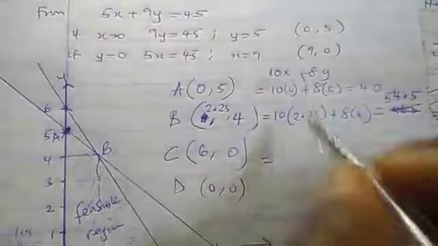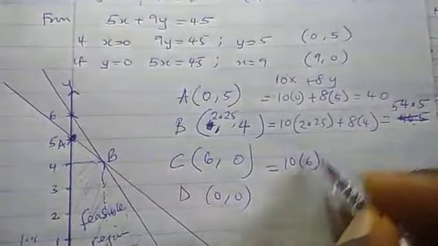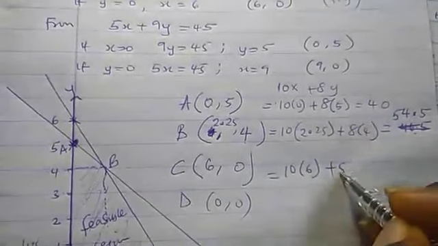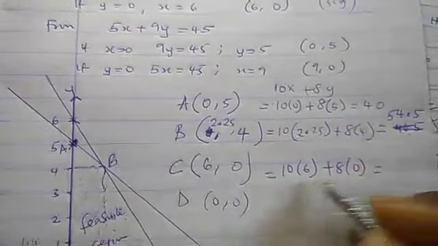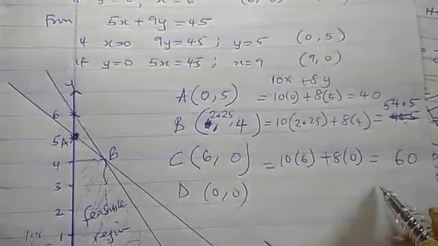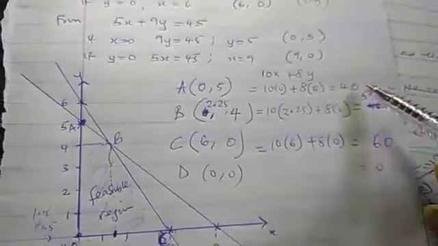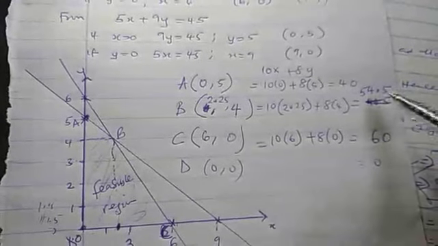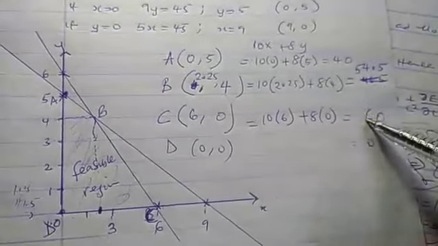For this one, I will have 10 into 6 plus 8 into 0. 10 times 6 will give me 60. We know that this one will be 0. So the values we have are 40, 54.5, and 60.